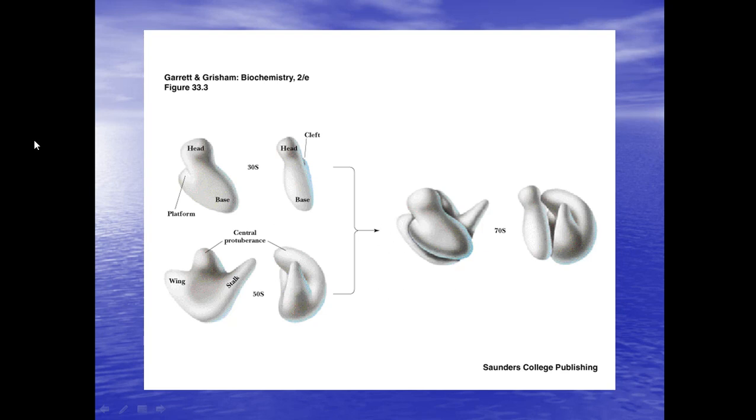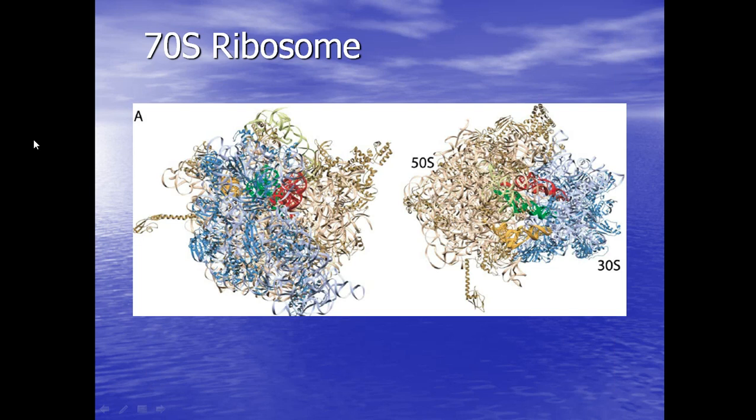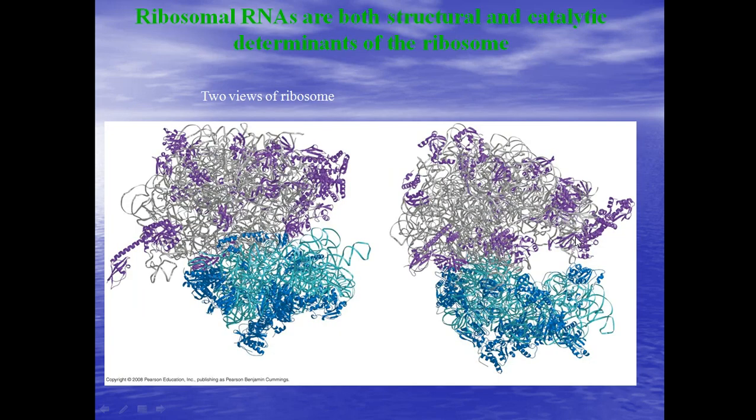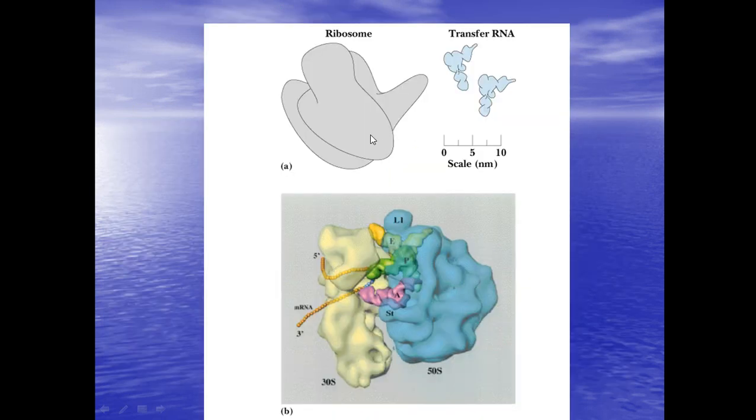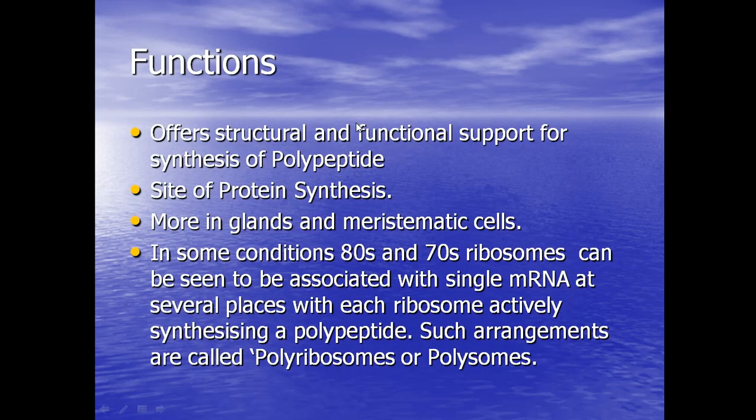When they are separated, one will settle at 60S and another will settle at 40S. This is how the 70S ribosome appears. This is the 50S subunit, this is the 30S subunit. Same thing. See, ribosomes, when both the units are held together.